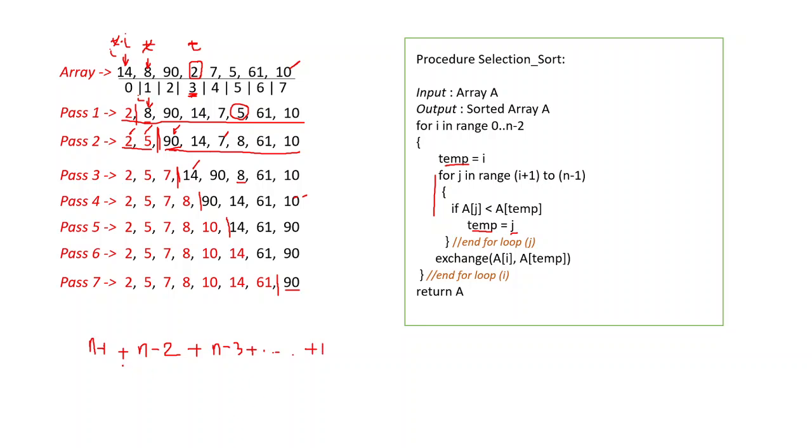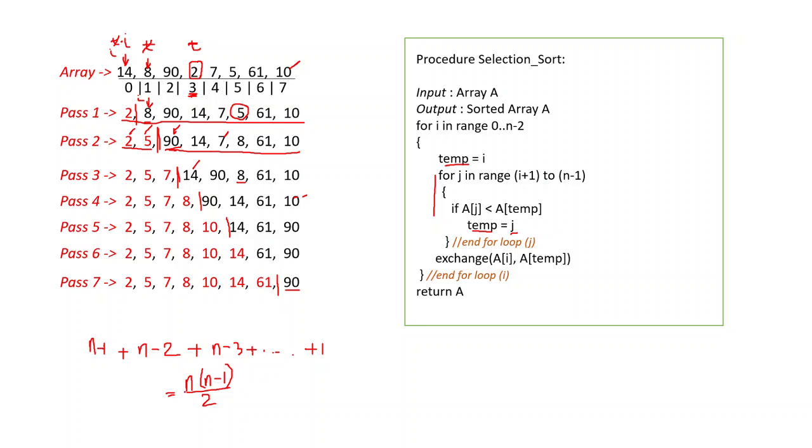If you just go through this entire summation, this is like an AP series where the sum of this AP will be n into n minus 1 divided by 2. So these many comparisons are made in total to find the sorted version of this array.